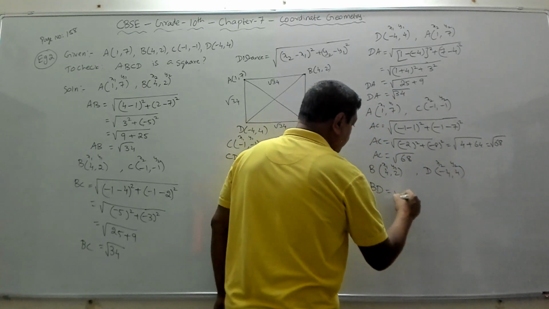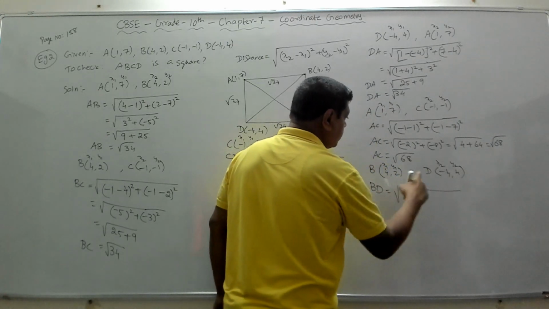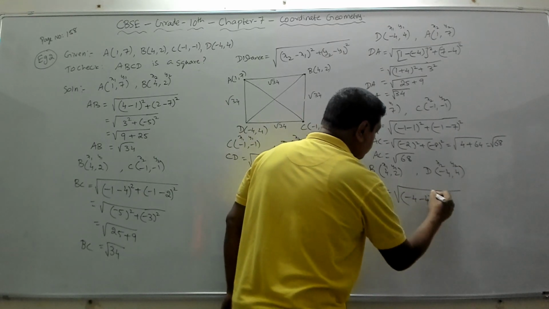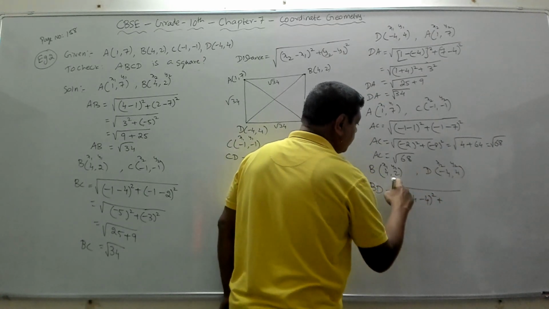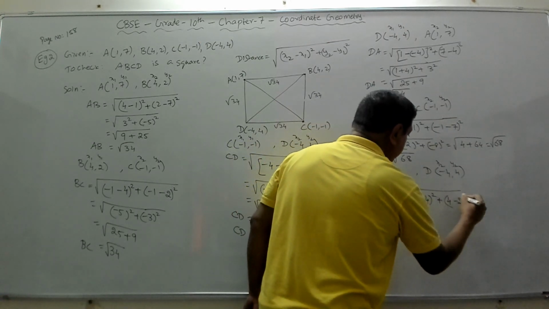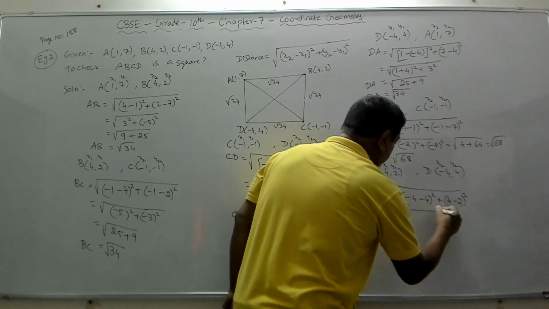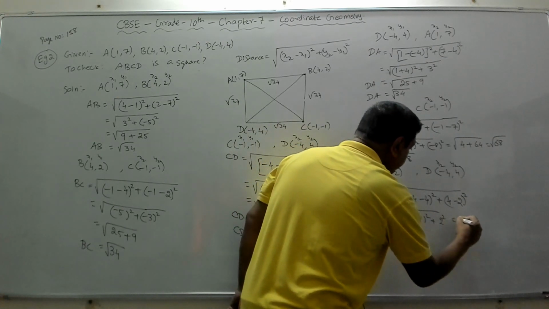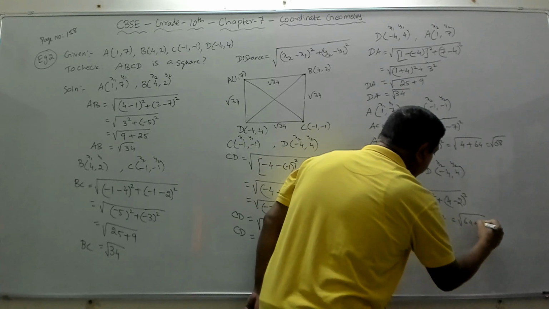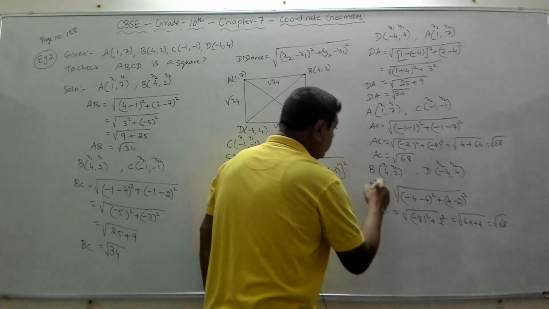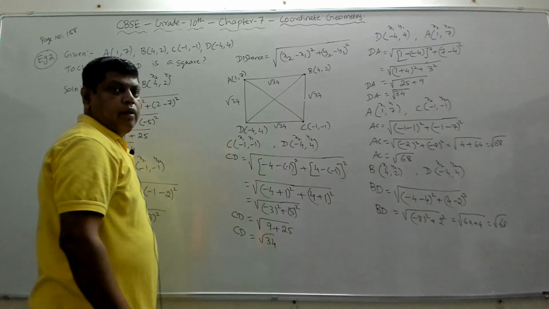So BD is square root of x2 minus x1, so minus 4 minus 4, x2 minus x1 the whole square plus y2 minus y1, y2 is 4 minus y1 is 2 the whole square. So that gives you square root of minus 8 square plus 4 minus 2 is 2 square. That gives you square root of 64 plus 4 which is square root of 68. That is your BD.